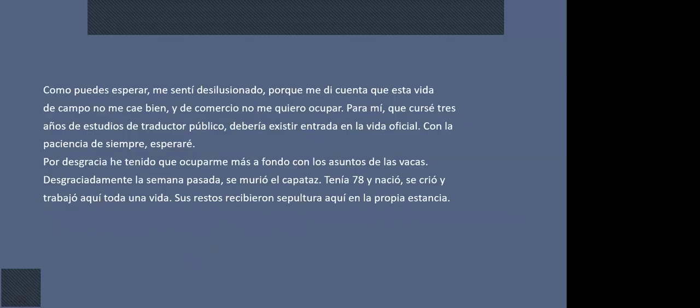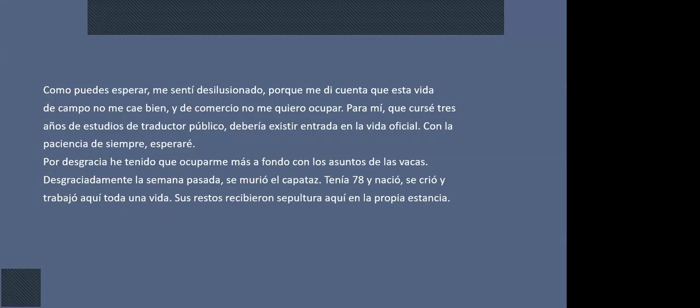For me, who studied 3 years to become a public translator, there should be some entrance into official life. With due patience, I'll wait. Unfortunately, I had to go deeper into matters concerning the cattle ranching.